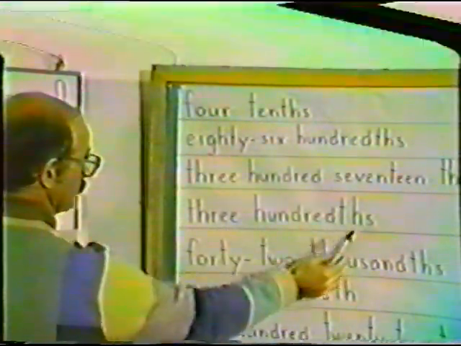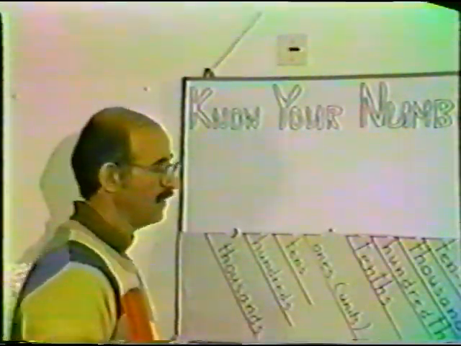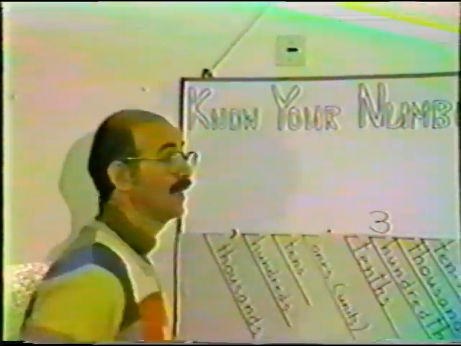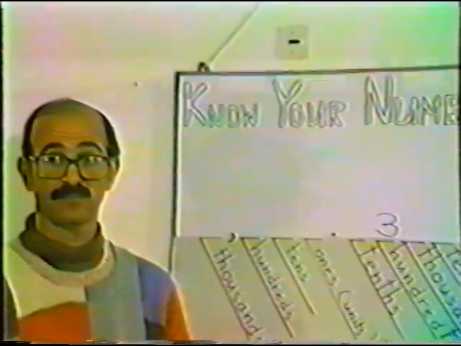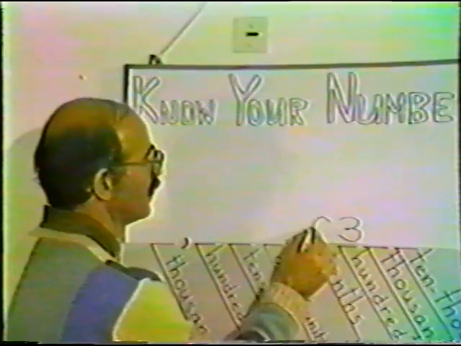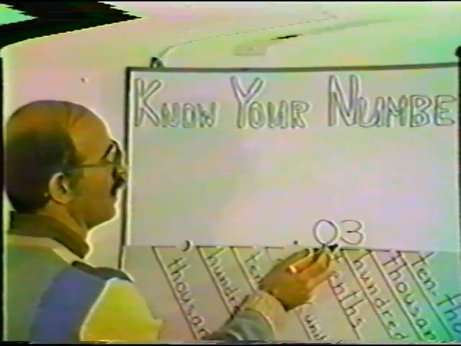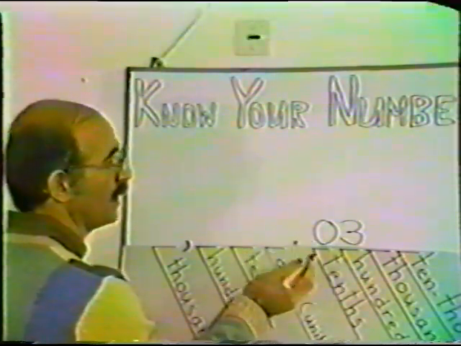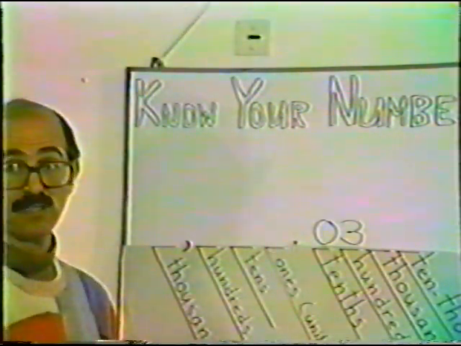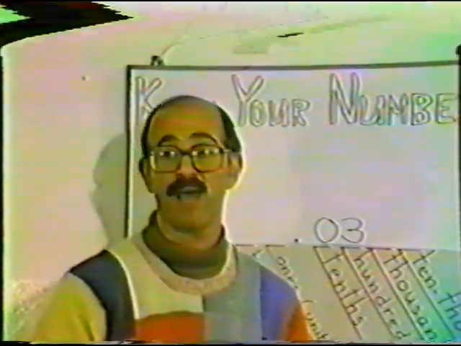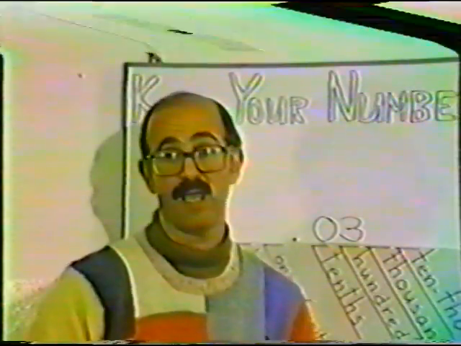Three hundredths. We'll write the number 3 in the hundredths place. Are we finished? No. We have to fill the tenths place with a 0, or otherwise there'll only be one number to the right of the decimal point, and it would have been 3 tenths instead of 3 hundredths. So we fill that empty space with a 0.